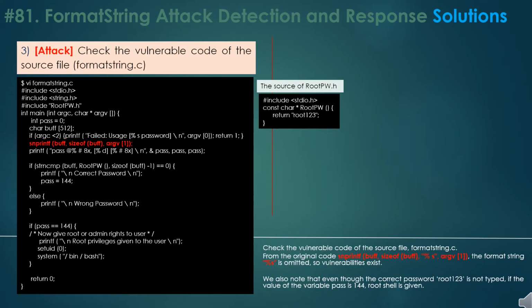Check the vulnerable code of the source file FormatString.c. In the original code, snprintf, the format string %s is omitted, so vulnerabilities exist. We also note that even though the correct password root123 is not typed, if the value of the variable path is 144, the root shell is given.